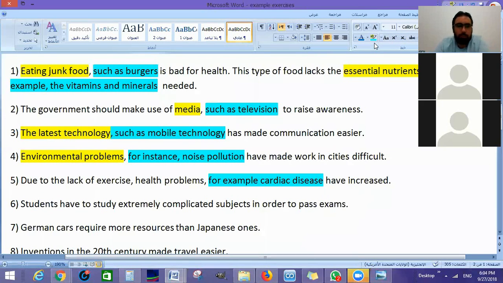Right. Okay. Here we have the word health problems, for example, cardiac disease. Has or have? Health problems have increased. Okay. Yeah. Okay.